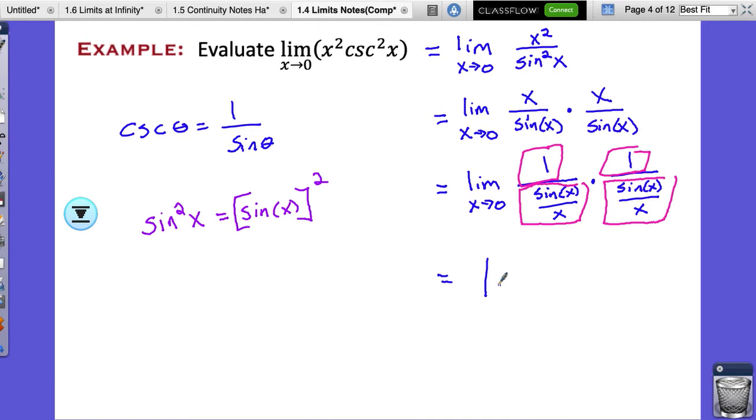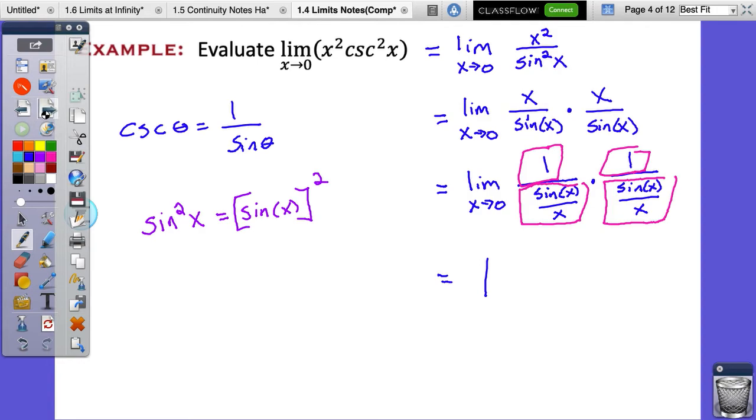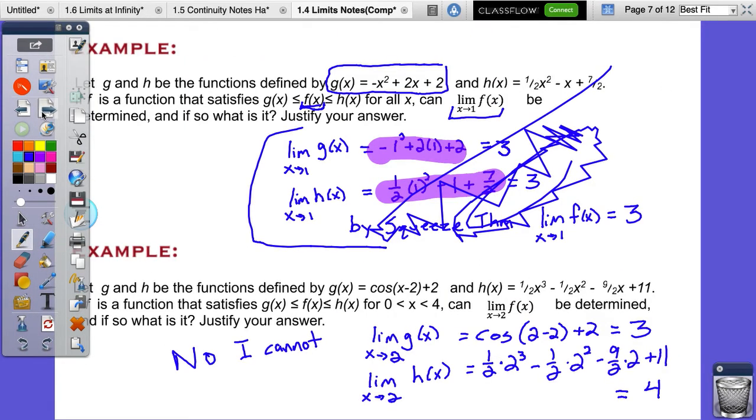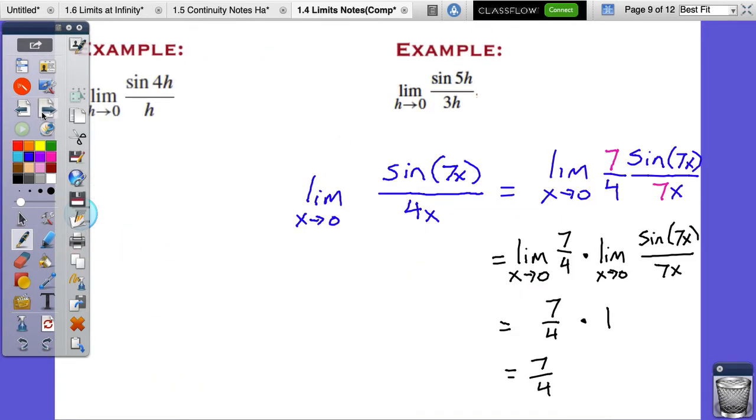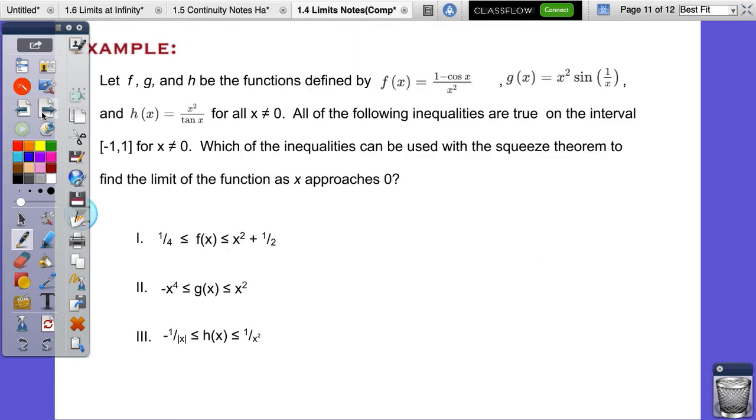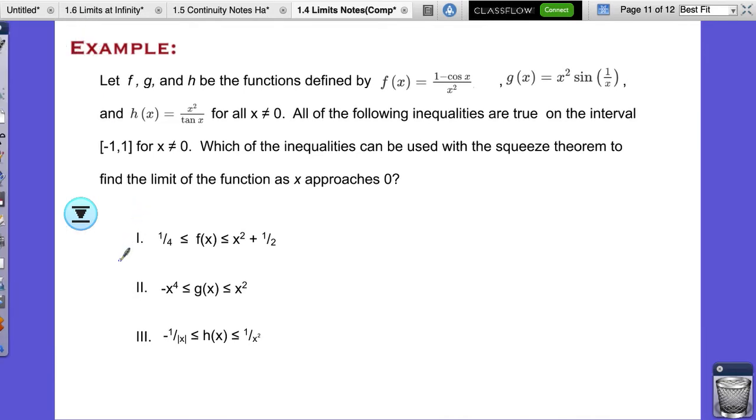All right, last thing we need to look at in these notes. We go to the next to last slide. All right, this came from the AP website. So this might be how they would test it.